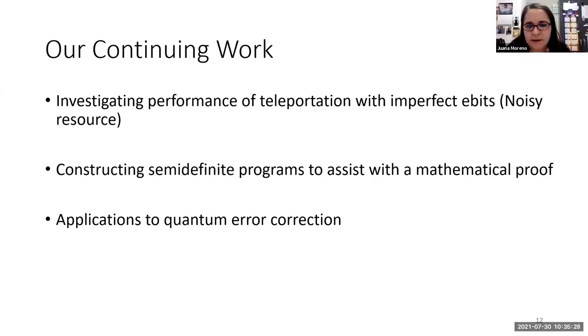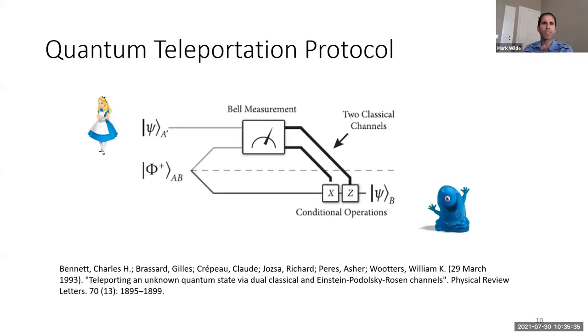Okay. So Theron, go back to the plot that you had of the figure of teleportation. Here. So what we're assuming here is that this state is no longer perfect, and it's subject to noise. Then we want to allow for a minimization over all possible protocols of this form.